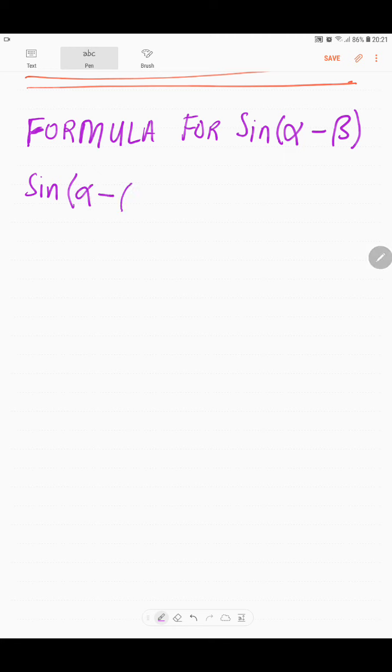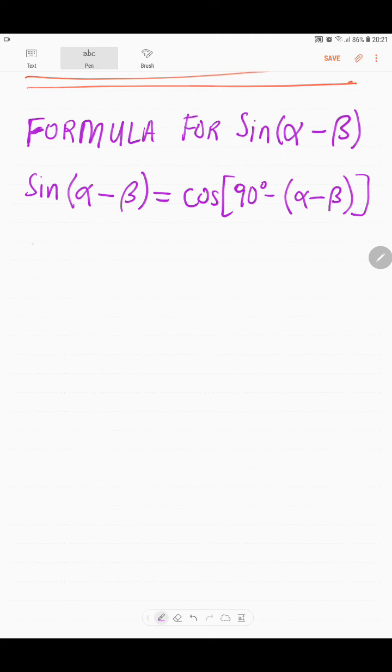Sine alpha minus beta can be expressed in the co-function, which is going to be cos of 90 minus alpha minus beta.